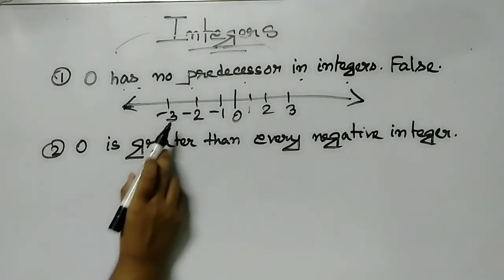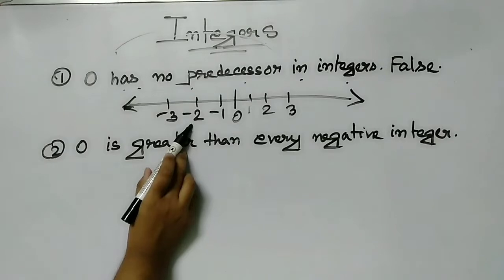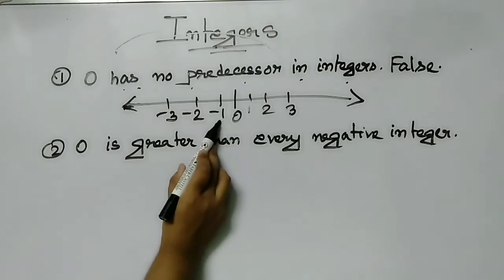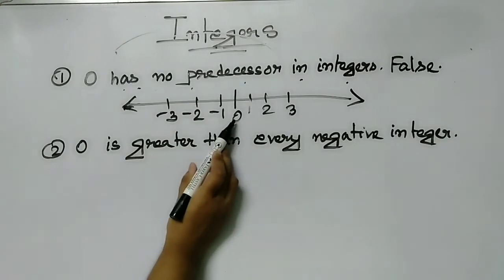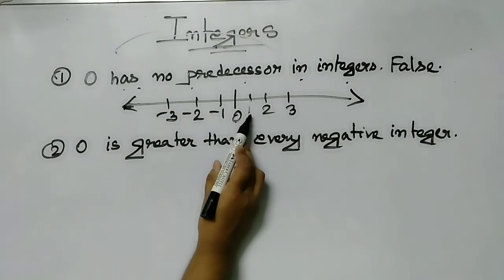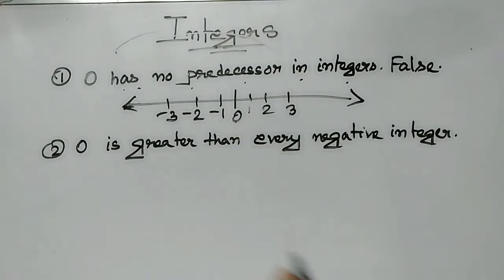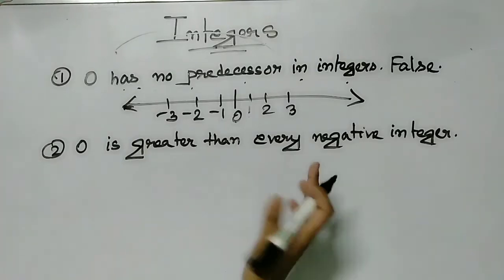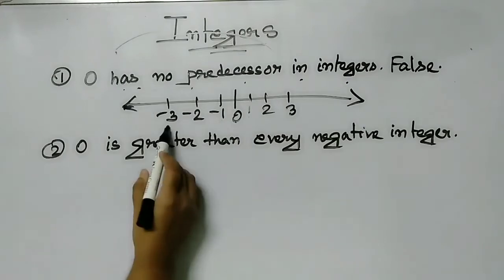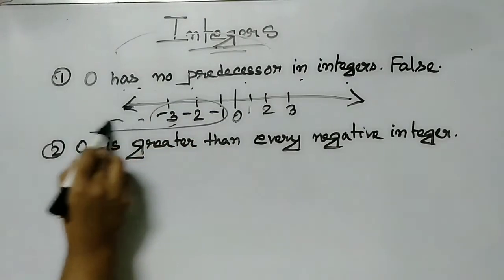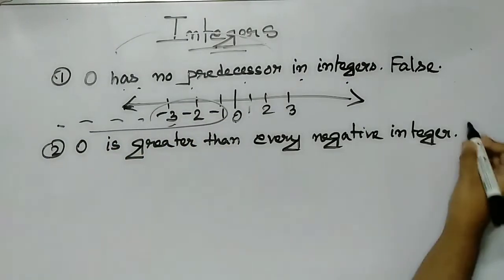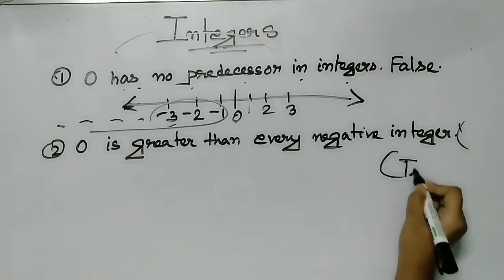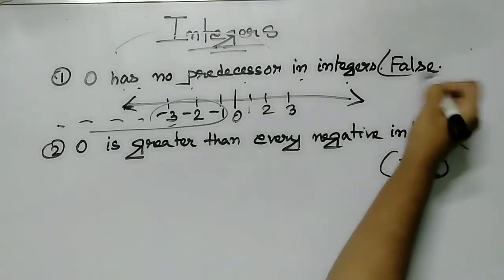That is, -3 is smaller than -2, -2 is smaller than -1, -1 is smaller than 0, 0 is smaller than 1, 1 is smaller than 2, and this goes on. That is, 0 is greater than every negative integer. Obviously, 0 is greater than every negative integer. So this is a true statement.